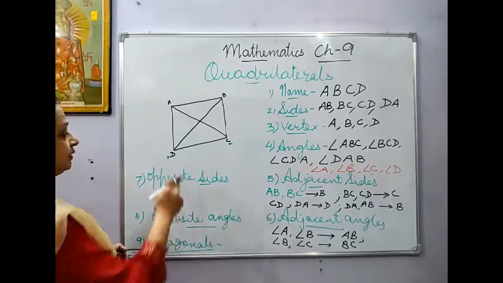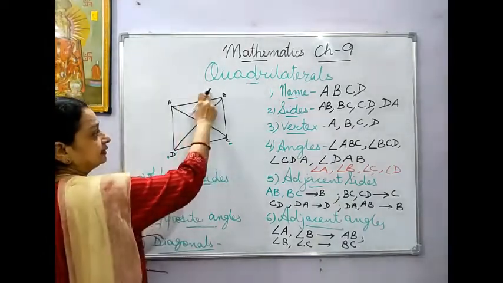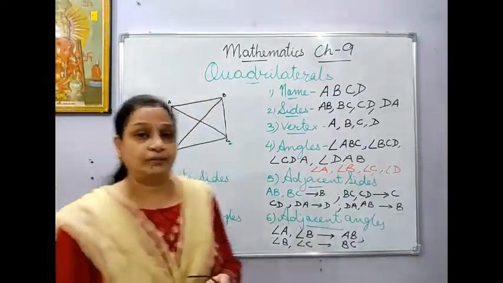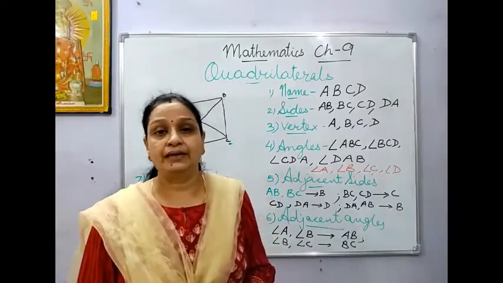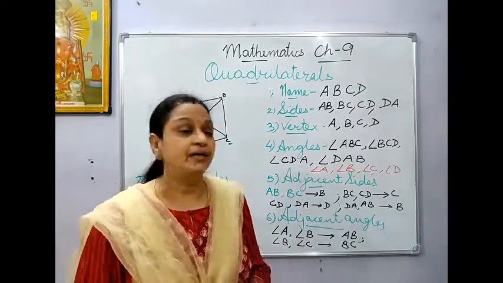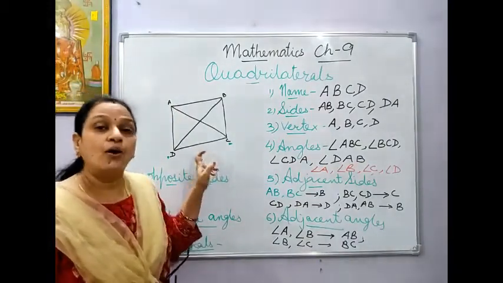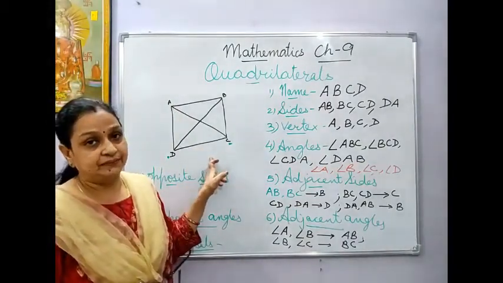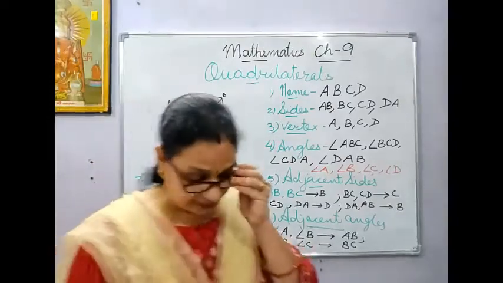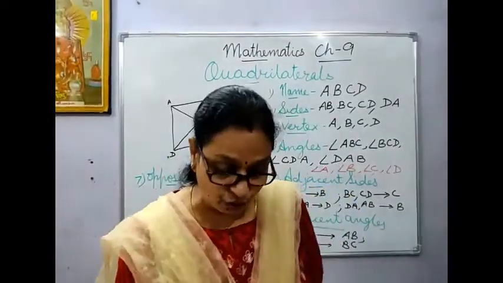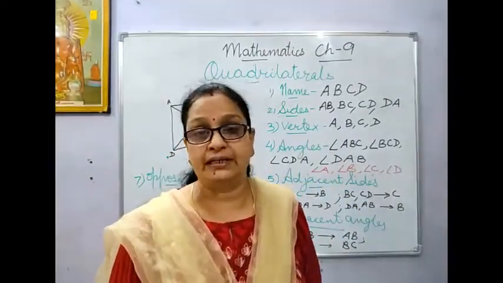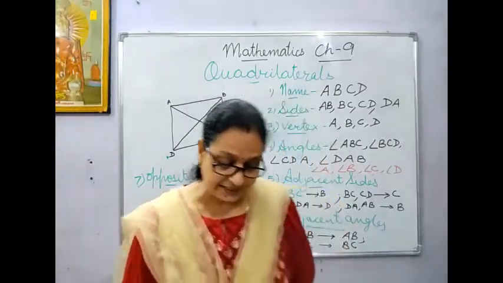Now see here, this side BC and this side, they do not have anything in common. They don't have any common angle. They don't have any common side. So this pair of sides is called opposite sides. I'll read it. The two sides that do not have a common vertex are called opposite sides.